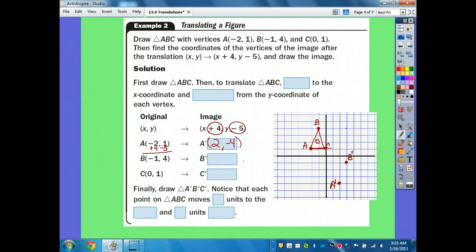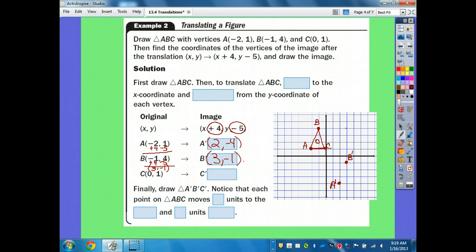Is that correct? Is that what it would be if I went over here and I plus 4 and I minus 5? What's minus 1 and a positive 4? 3, and 4 minus 5? Is that where we ended up over there? Was it at a 3, negative 1? 3, negative 1. Perfect.